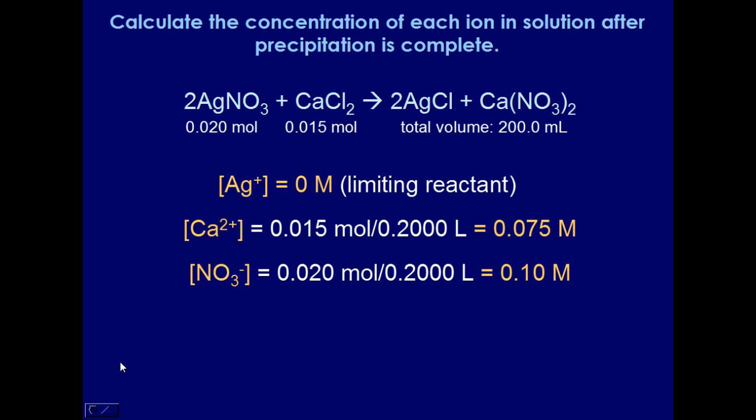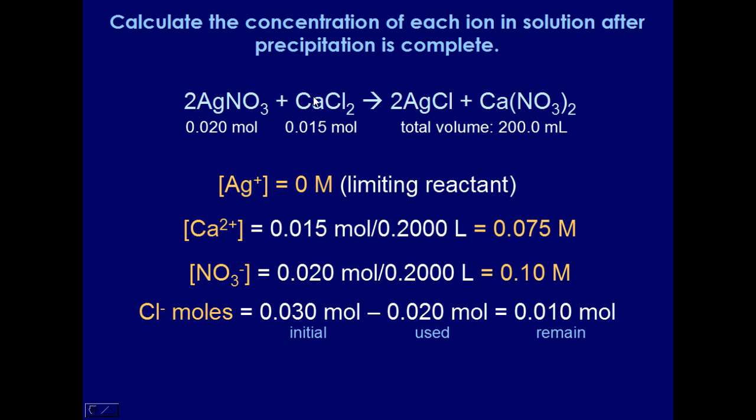But what this all ends up telling us is that because we had two chlorines in calcium chloride, we started initially with 0.030 moles of chlorine ions. We used 0.02 moles of those chlorine ions to use up all of our silver, and that leaves us with 0.01 moles of chlorine ions in the mixture.